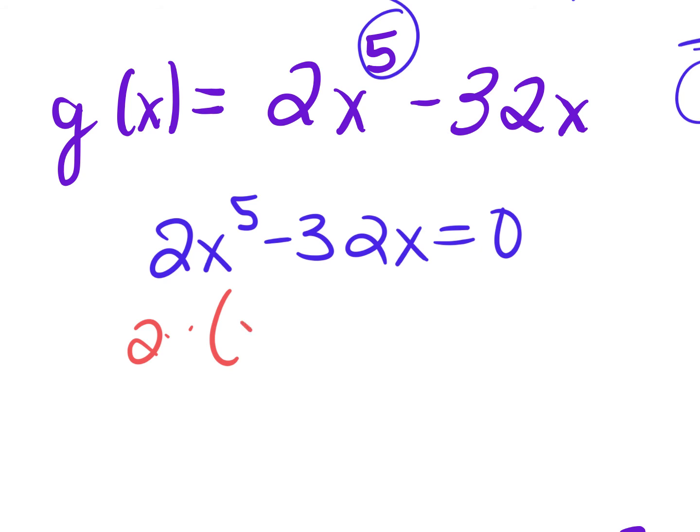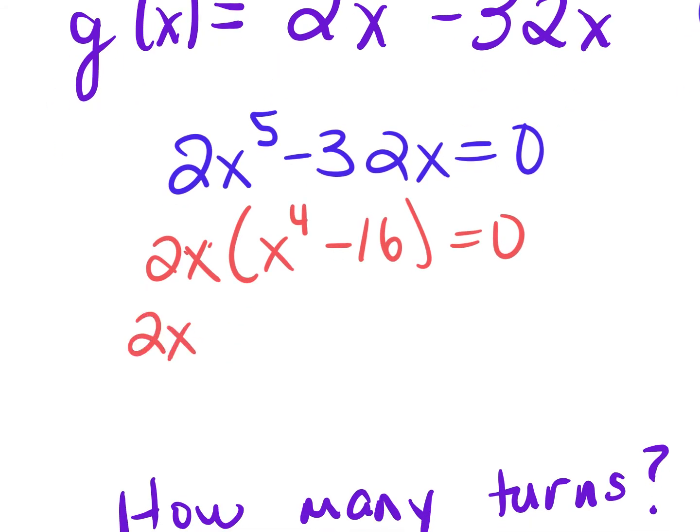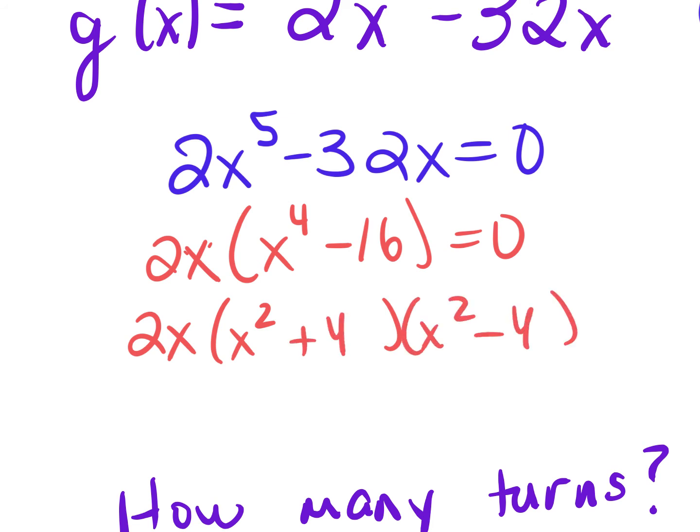So that leaves me with x to the 4th minus 16. Agreed? Okay. Can I break that down? x squared minus 4 and x squared plus 4. Agreed? If you want to break down more, you can, but does x squared plus 4 break down? It doesn't, you're right. x squared minus 4 does, but the plus doesn't.